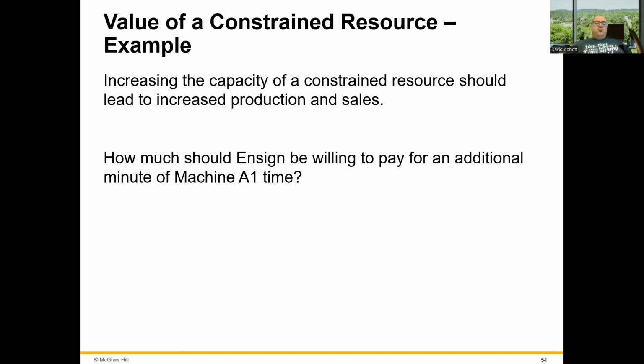Because the additional machine time would be used to make more units of product 1, Ensign could be willing to pay up to $24 per minute. This amount equals the contribution margin per minute of the machine time that would be earned producing more of product 1.